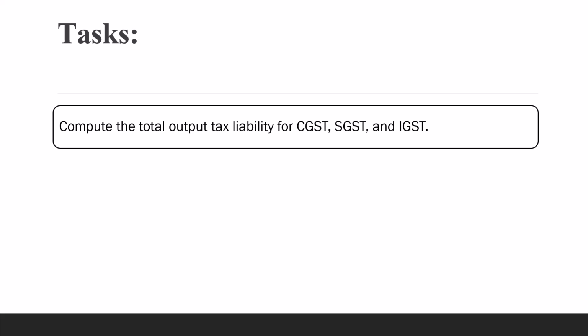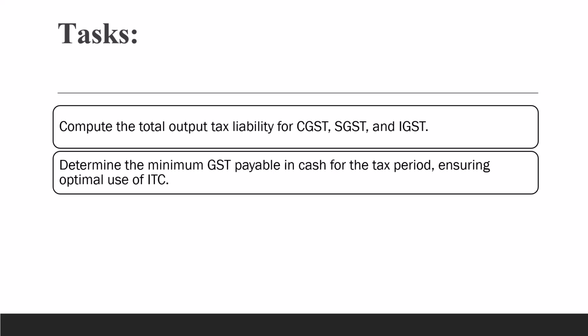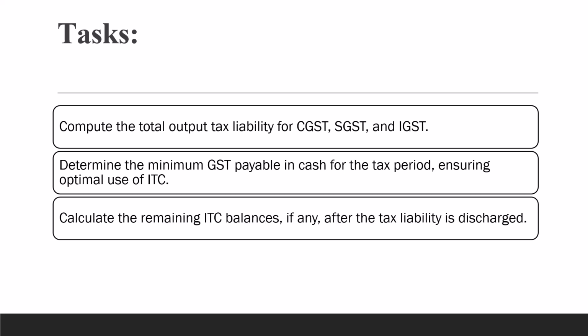So whatever balances he has got, he has to use, and some money he has to pay if he is adding value to his product. There will be some liability on account of that value addition. Calculate the remaining ITC balances, that is input tax credit balances, if any, after the tax liability is discharged. Make suitable assumptions wherever necessary.